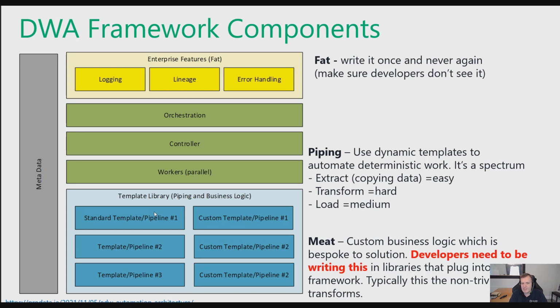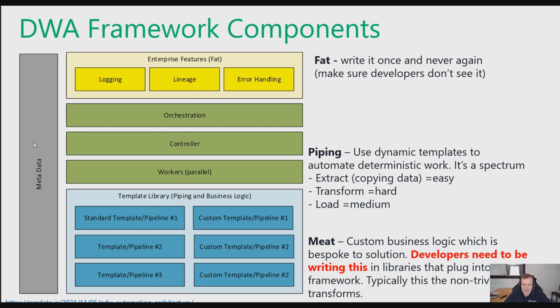So what you want to do is package that up in a library, and then a worker will call that library, and a controller will queue that work with some orchestration to say what happens when. A framework might have some features like logging, lineage, error handling, and at the end of the day, everything's going to be controlled by metadata.